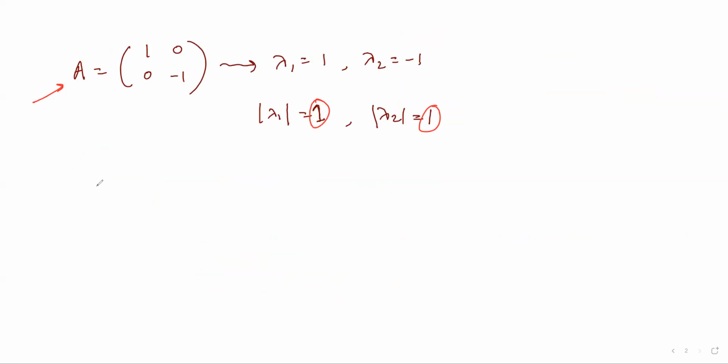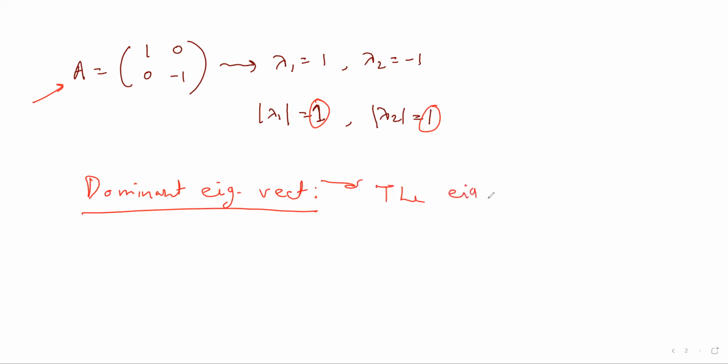Then comes the dominant eigenvector. What is a dominant eigenvector? It's actually the eigenvector corresponding to the dominant eigenvalue.